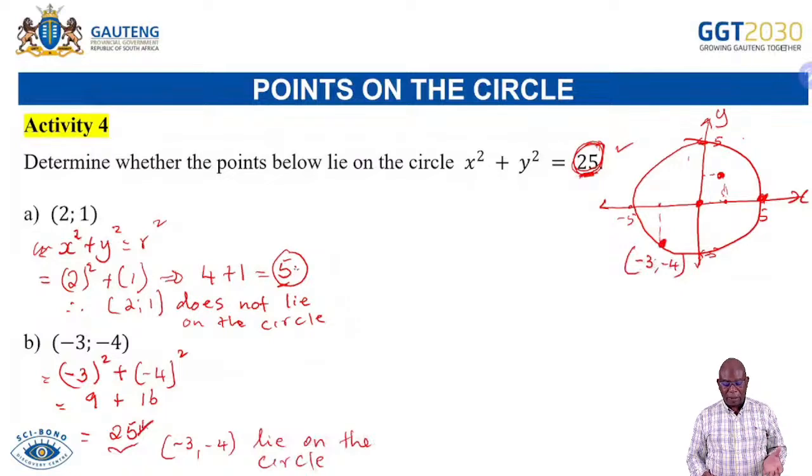If the value is smaller than 25, it lies inside the circle. Three things: bigger, outside; equals to, on the circle; and less than the radius squared, inside the circle. Please, we must know that. All right.